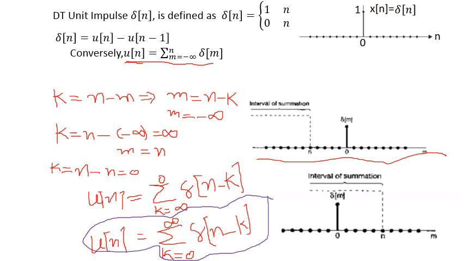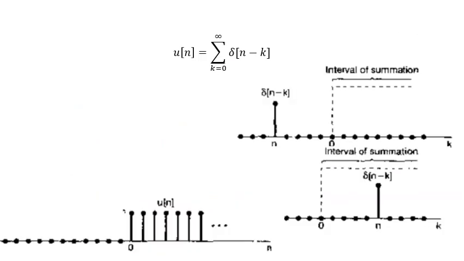Based on this expression, if we graphically plot this, you see again the limits for k are fixed, that is from 0 up to infinity, right? And this is the step function, so let's graphically represent it so that it's clear for you to understand how it looks.